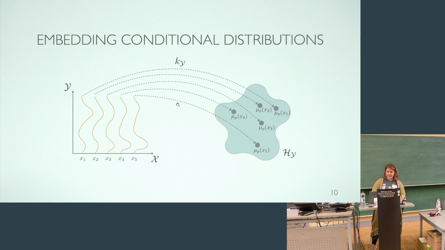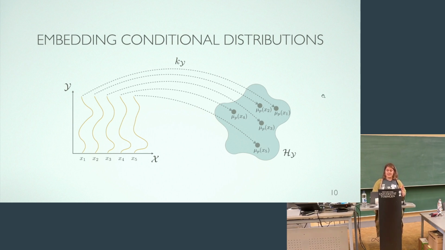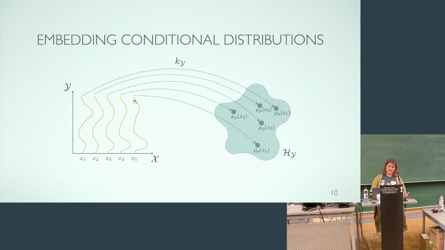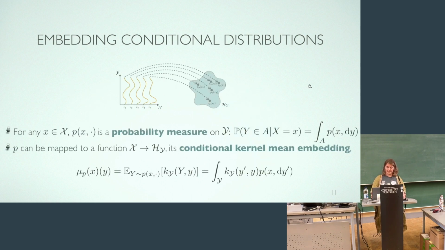One thing that one might do is map every conditional into a space of functions that has some nice, well-understood properties that would allow us to compare two conditional distributions. That is done by means of something called conditional kernel mean embedding, which maps every conditional distribution onto a function in an RKHS of some kernel of choice, k_y.